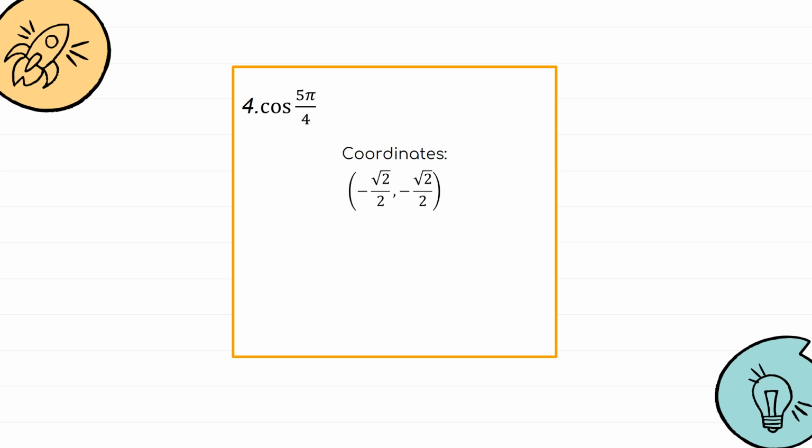So, since we have coordinates, we can now find the value of cosine. And cosine is defined as x. Let's write it. So, that's cosine 5 pi over 4 is equal to x. Let's substitute x. Remember, the first number in the coordinates, that's the x. So, therefore, our answer is negative square root of 2 over 2.